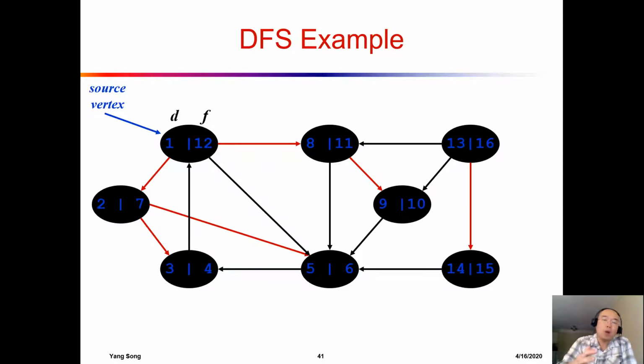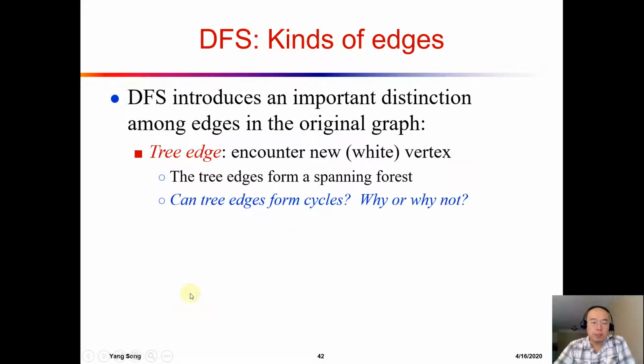So if we only keep all the red edges and throw all the remaining edges away, then we have the tree or the forest. Okay, so those are the tree edges. And then for the tree edges, the next question is, can we have tree edges that form cycles? Why or why not?